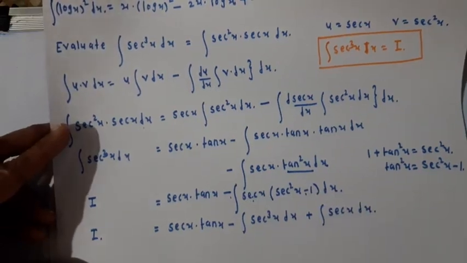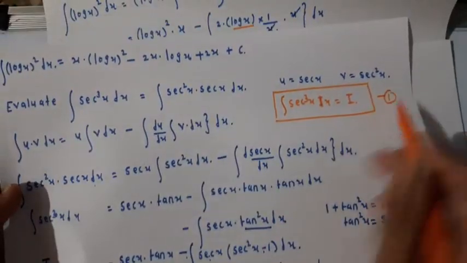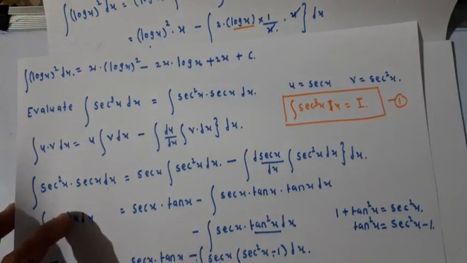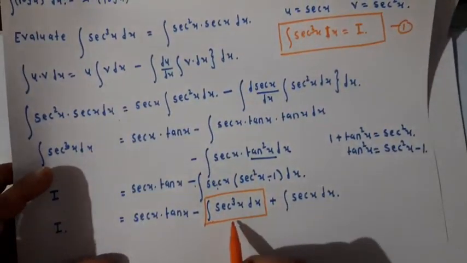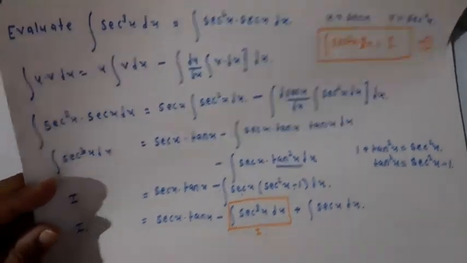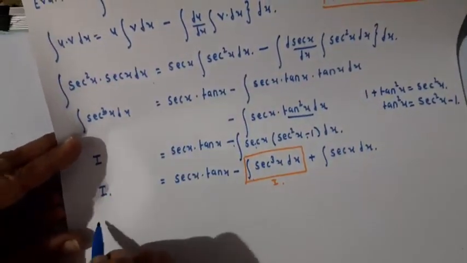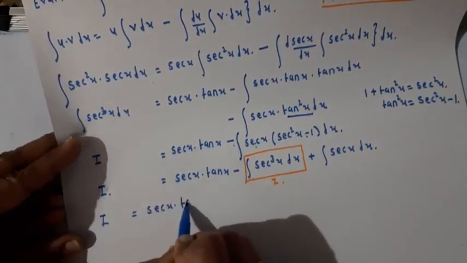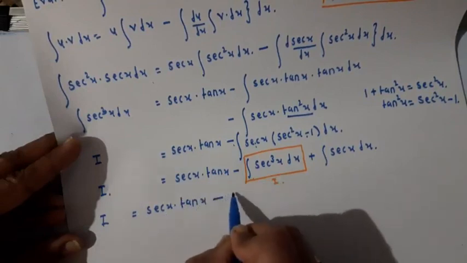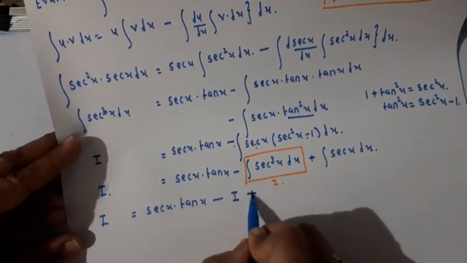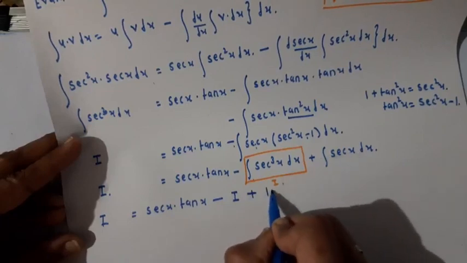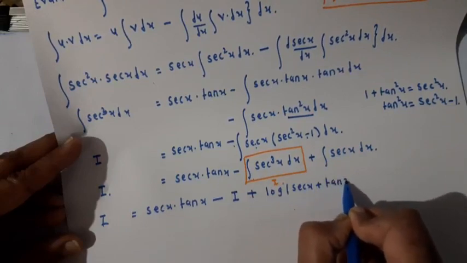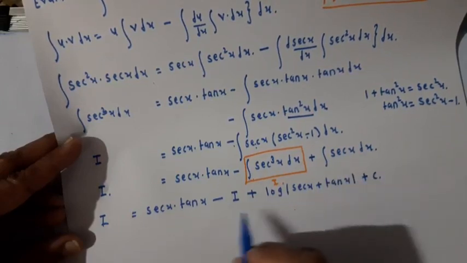So students, from 1, this is the value that we have considered as I. Therefore I equals sec x into tan x minus I, plus the integration of sec x, which we know is log of sec x plus tan x plus constant of integration c.